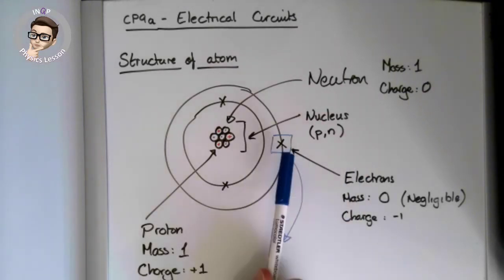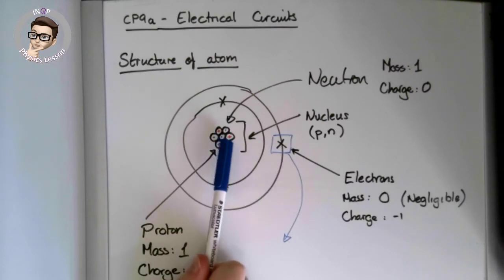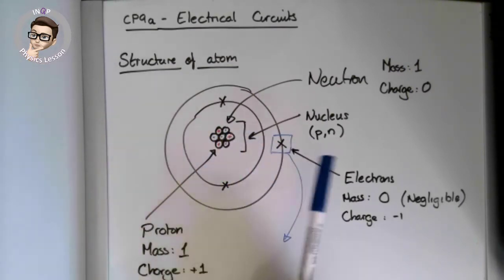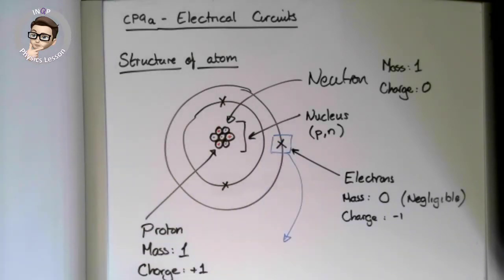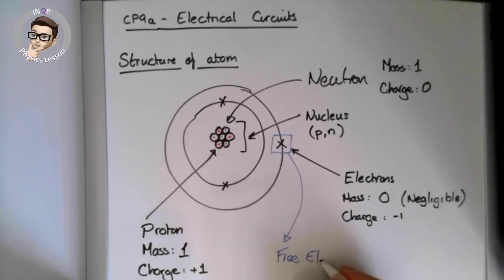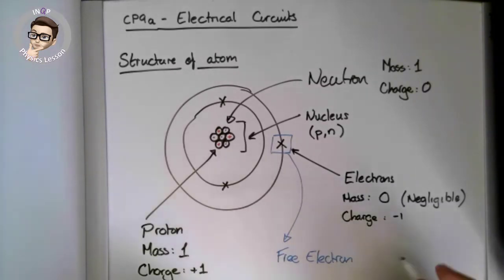Remember that the electron is negative and the proton is positive. So this electron is being pulled to the center, but because it's so far away, it might be able to escape. And if it escapes, we call it a free electron. Now, the only chemicals that have free electrons are metals.